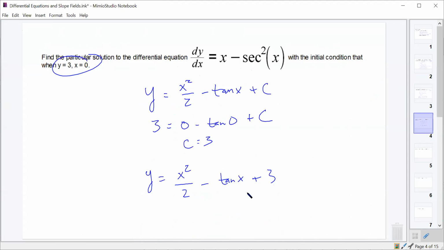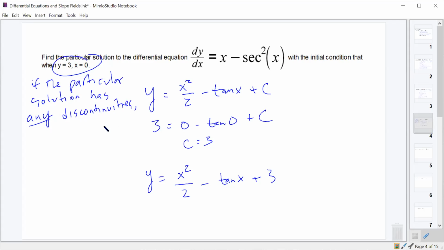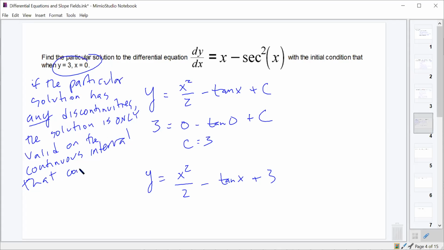And so there's an important thing that we need to know about differential equations, which says that if the particular solution has any discontinuities, the solution is only valid on the continuous interval that contains your initial condition. And this is an important fact that you need to know.